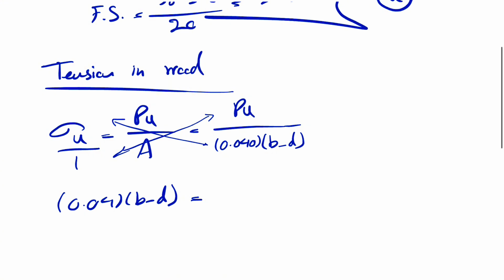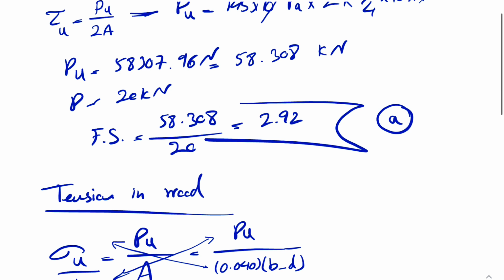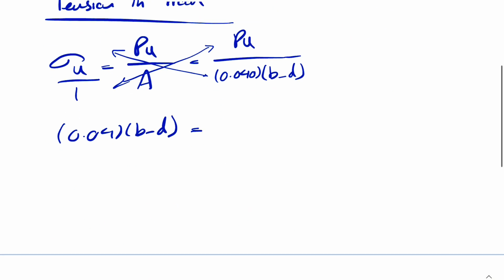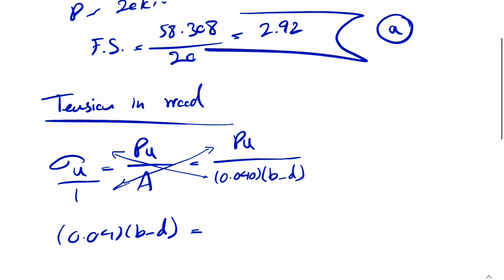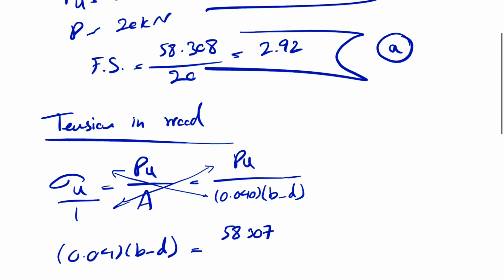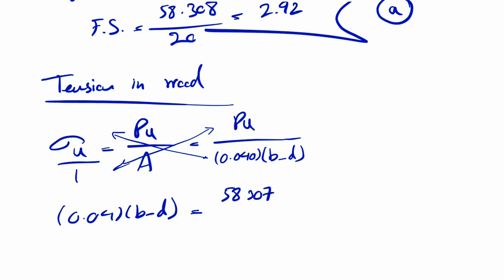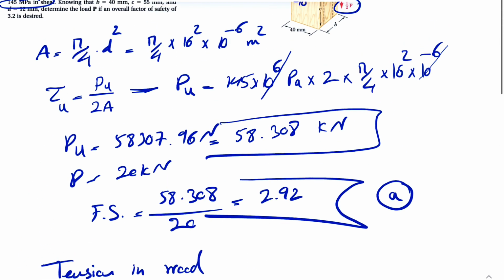which we found in the previous part, 58,307.96. Let's go with Newtons, divided by the ultimate tensile strength.